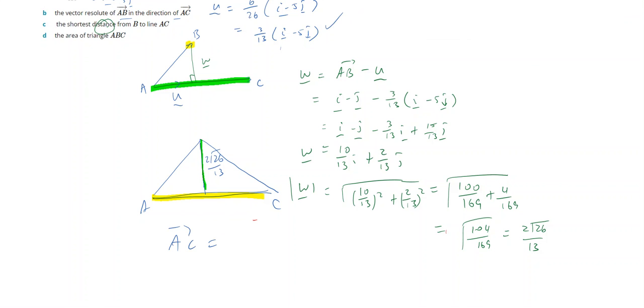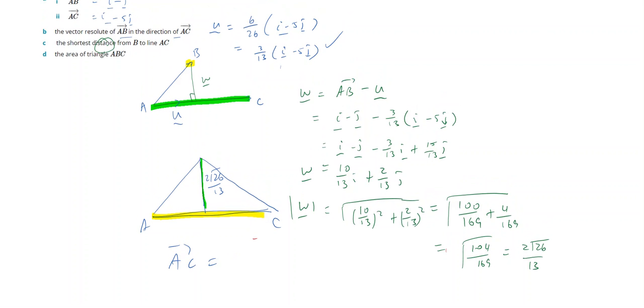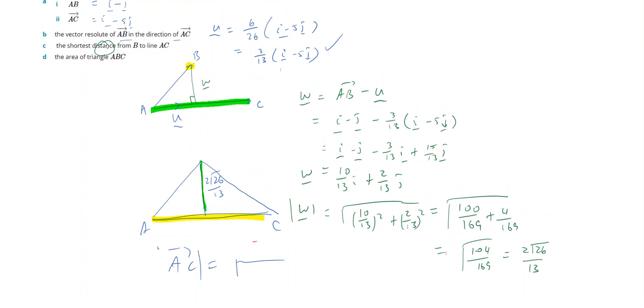So the magnitude of AC is the square root of i minus 5j, so it's 1 squared plus 5 squared, which is root 26.